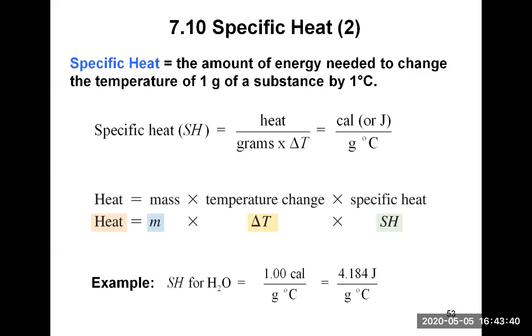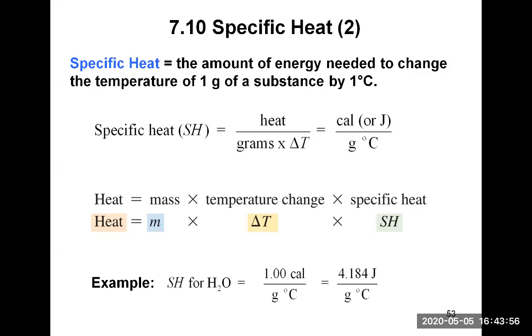So depending on the problem you are doing, you may need one or the other value of the specific heat. There are tables of specific heat for common substances.